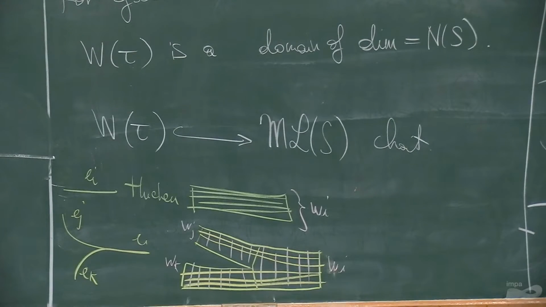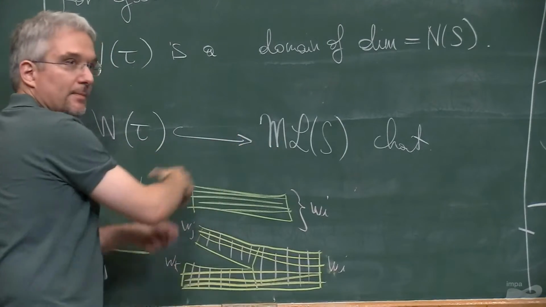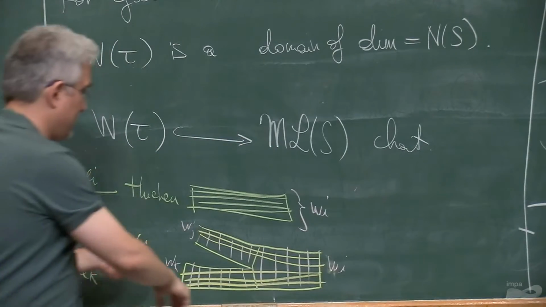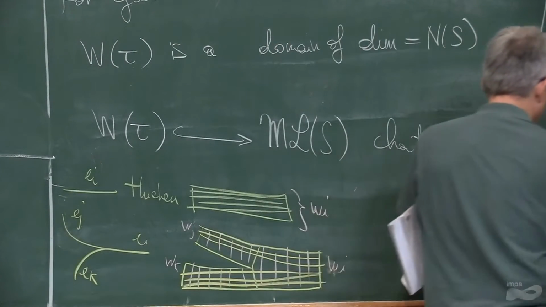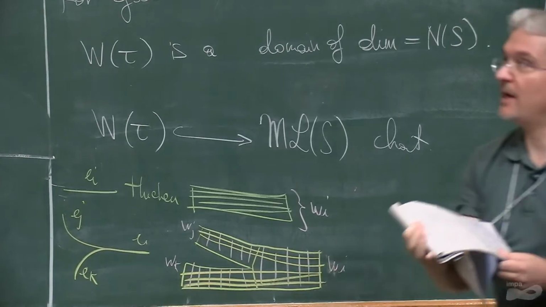So integral weights in this chart correspond to simple multi-curves. Thus we have realized integral multi-curves as integral points inside the space of measured laminations, which, using these charts, is a manifold, a PL manifold actually, of dimension that of ML(S).